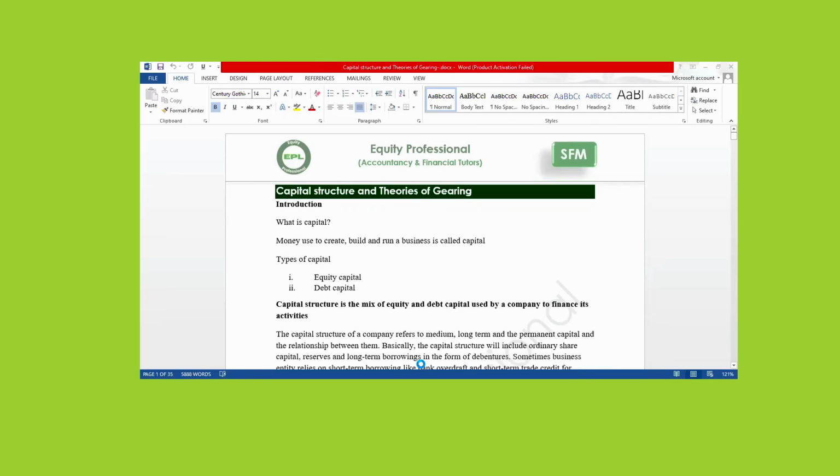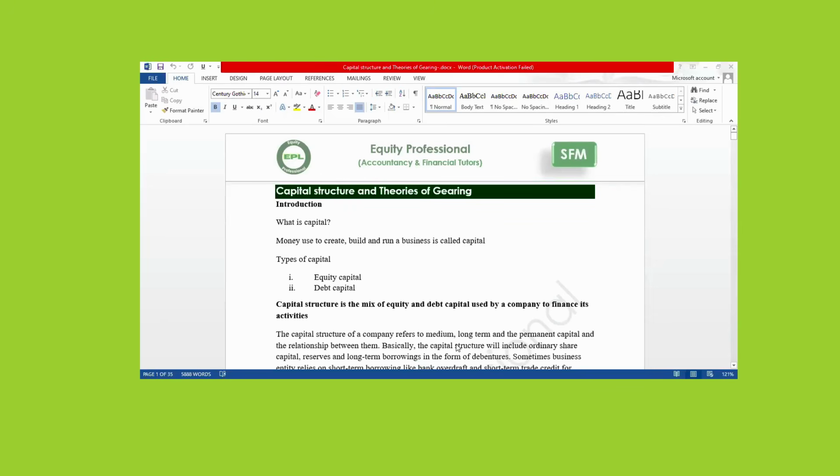It shows the different types of capital a company uses to finance its activities. Capital structure shows the mix of equity and debt capital a company uses to finance its business activities.